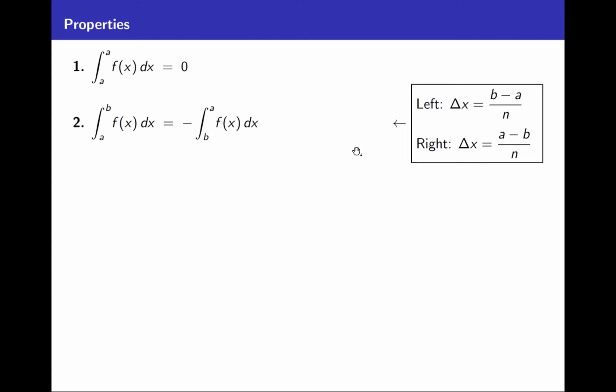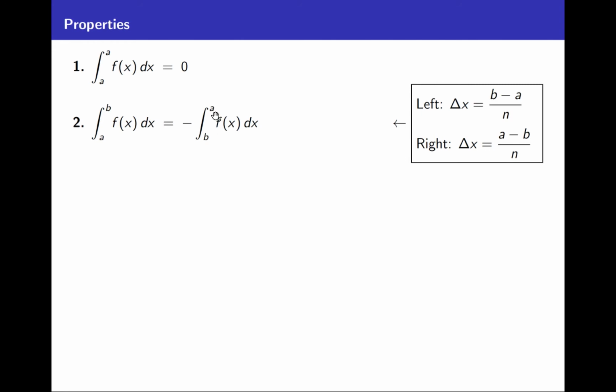And why would that work? Well, remember how you define delta x in the definition of the definite integral? It was in this left-hand part where you're going from a to b, that was delta x equals b minus a divided by n. You take the top number, subtract the bottom number, and divide by n. Whereas if you look at the Riemann sum definition of this integral on the right, what would delta x be?